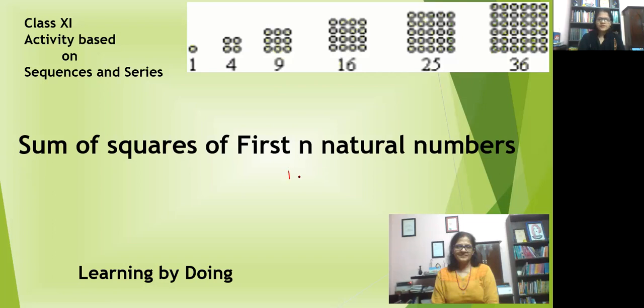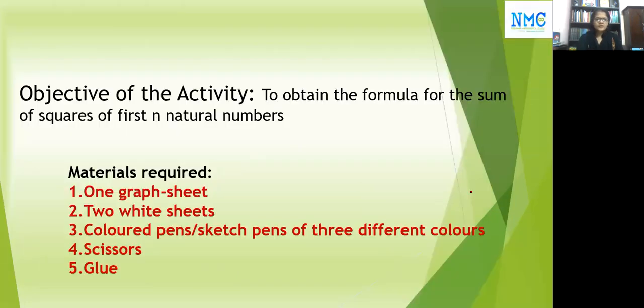I may write it like this: 1 square plus 2 square plus 3 square up to n square, right? Or you can write sigma k square, k from 1 to n. Or simply we can write sigma n square. So what is the formula for this? This is one of the important concepts, so we can really enjoy the activity today.